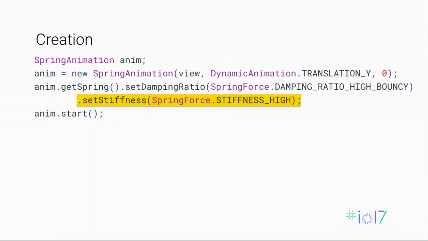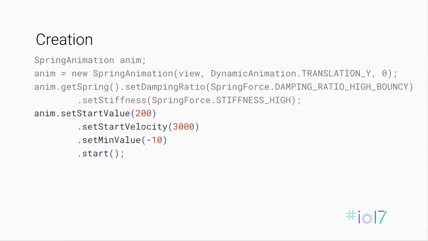In addition to damping ratio, you can also change the stiffness for the spring, which will control how quickly the object would return to its resting position. And we'll take a look at that in a moment. Now, before we start the animation, we can also set some starting conditions for the animation. For example, if we set the start value to 200, this animation will go from a translation y of 200 back to 0.